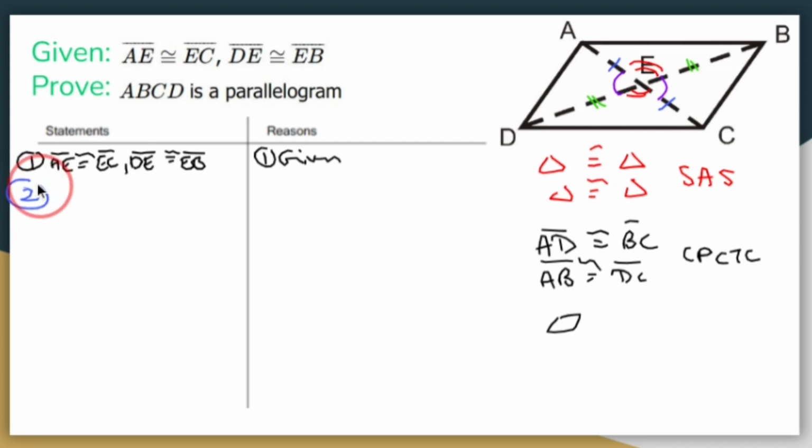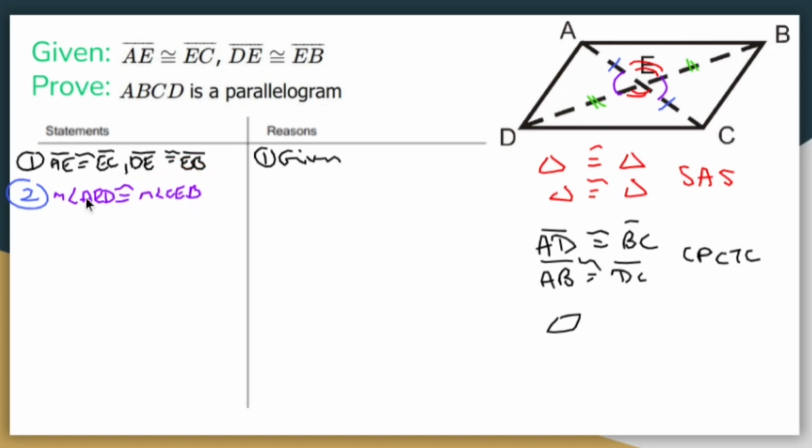I also have the fact that, let me use the colors that correspond, the measure of angle AED and the measure of angle CEB are congruent.